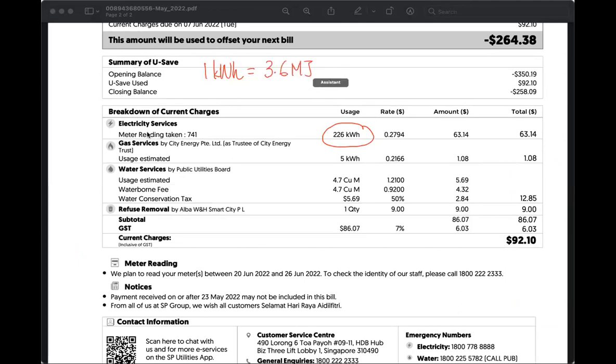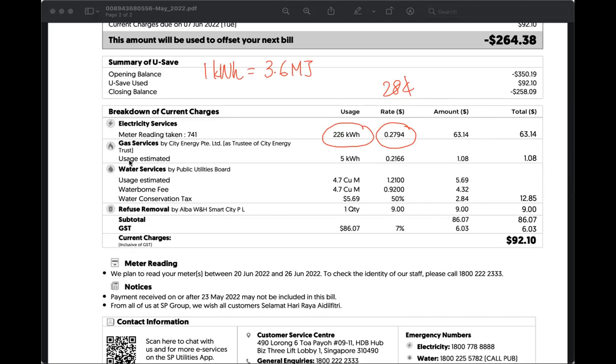How much does Singapore Power charge me for every 1 kilowatt hour? It charged me about 28 cents. Is that clear? Therefore, my electrical bill for the month will be $63.